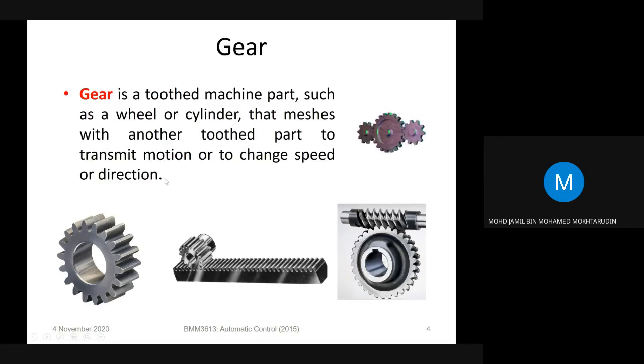Like in a car, there is a gearbox: gear 1 to gear 5 and then reverse gear. When you change gear, your car moves faster or slower, or reverses direction when you change to reverse gear.